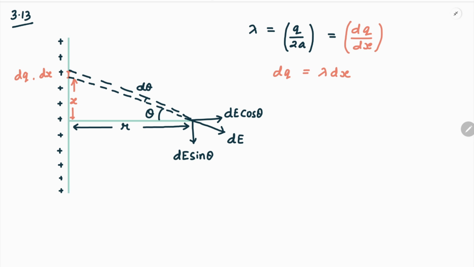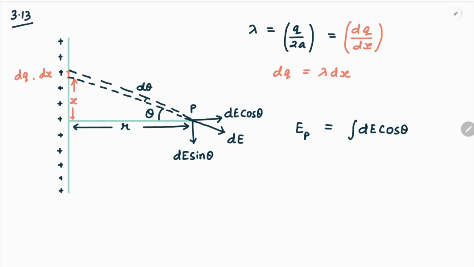The component due to the lower charges will eventually cancel the dE sin theta part. So for the first part, the electric field at the point P is going to be the integration of dE cos theta.